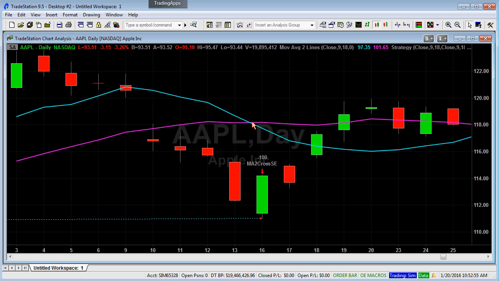You see how the crossover occurs? The bar opens and the signal or the trade happens on that same bar where the crossover is. It doesn't wait until the close for confirmation. It does it automatically. Now, which setting is better? There's no one setting better than the other.